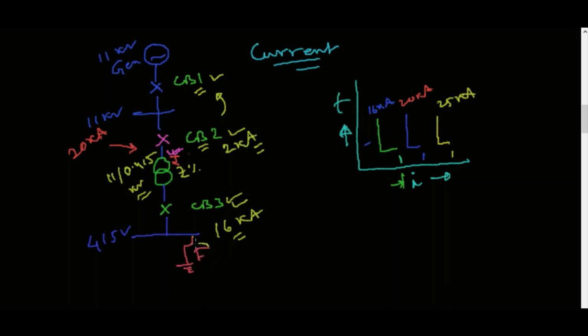but the main disadvantage with this current discrimination method is that it depends on the impedance, or the fault current and the fault location.